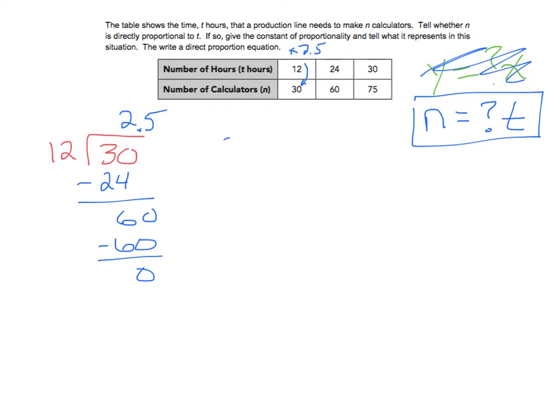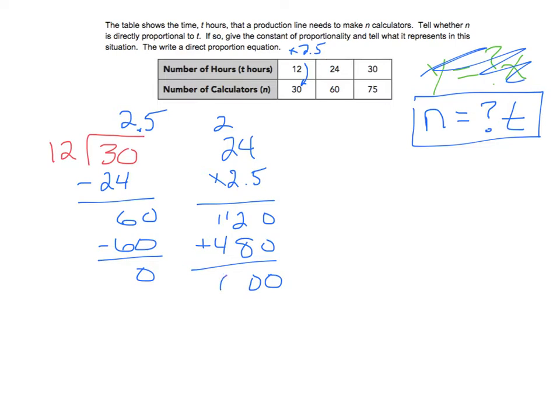So I'm going to check. What is 24 times 2.5? So that would be 20, 10, 12. Add a 0, that's an 8, and that's a 4. Add across, 0, 0, 1, that is 6. Move the decimal once, we get 60. So it works for that one. Again, we have to say, what is 30 times 2.5?